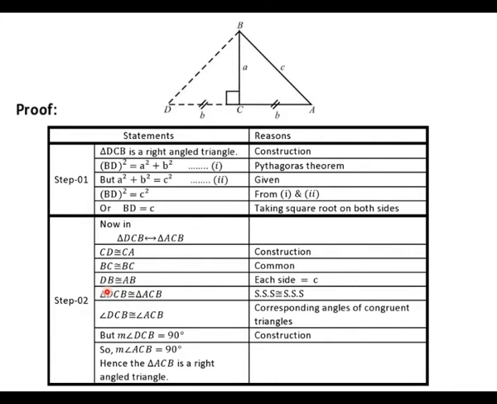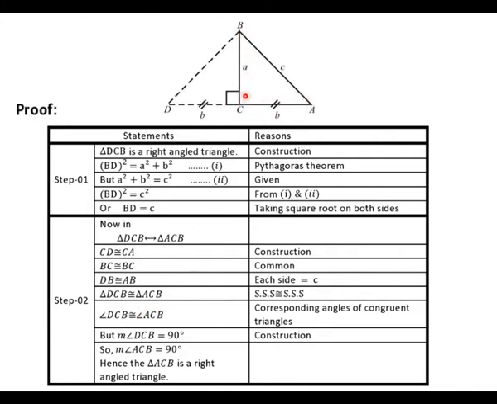So we can have triangle DCB is congruent to triangle ACB. Now if any two triangles are congruent, their corresponding angles will also be congruent. So we are taking angle DCB, this angle, and it is congruent to angle ACB.